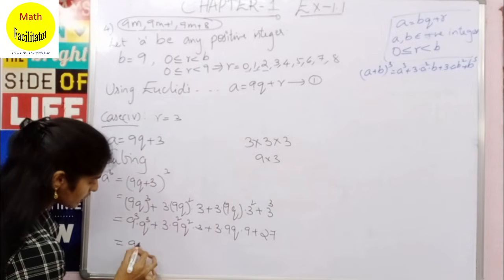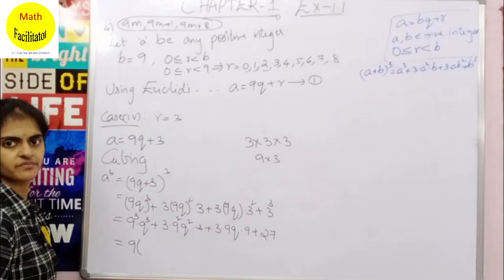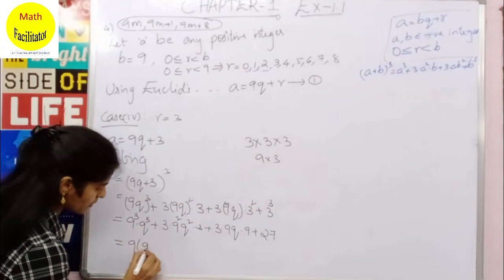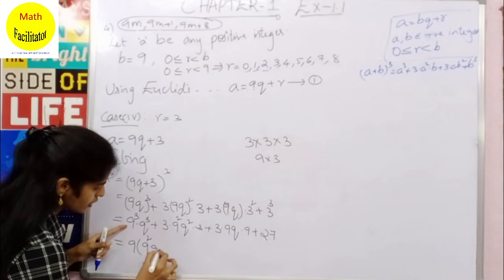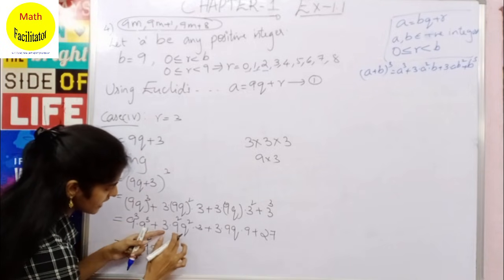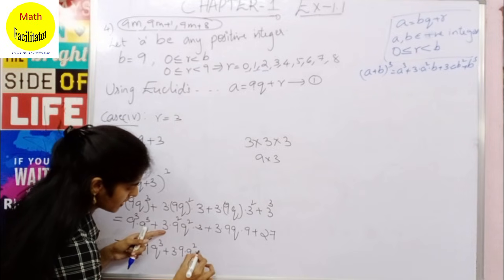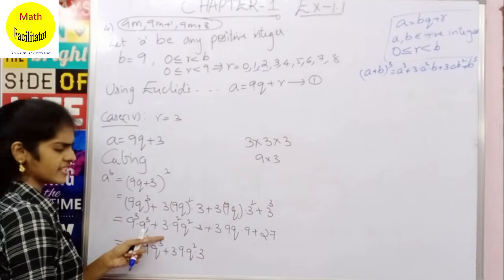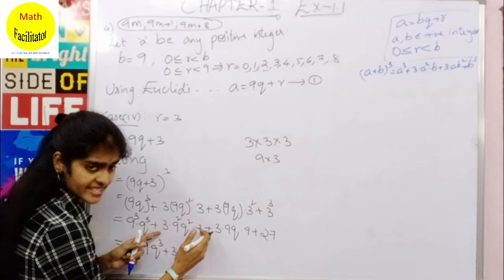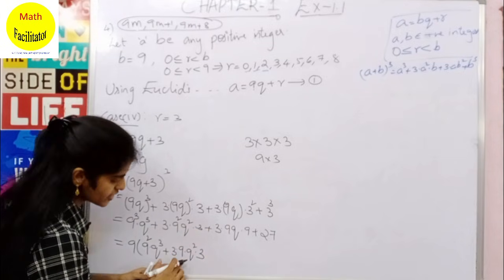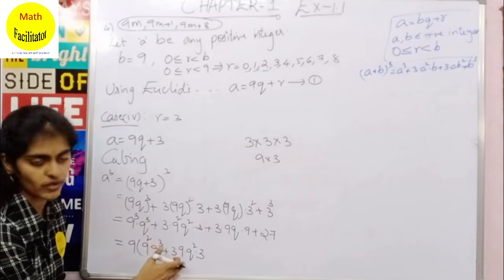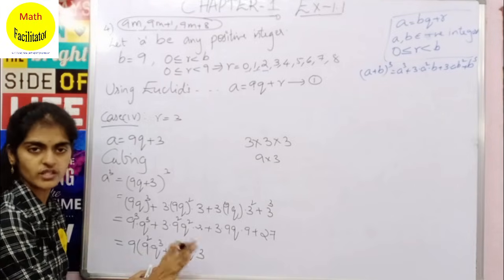So I can take 9 common from all these terms. Taking 9 common, here you have 9 square q cube plus here if you take 9 common you will have 3 multiplied by 9 multiplied by q square multiplied by 3. I am just not calculating because you can just take down the entire thing. Instead of one 9 you will reduce one 9, that's it. All other things you will take down.